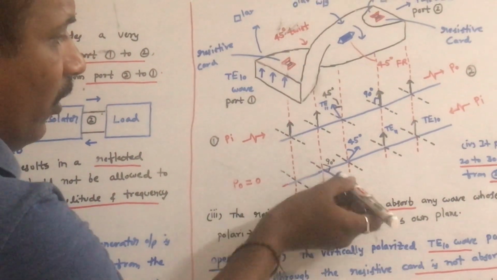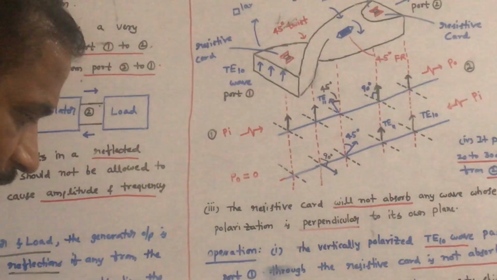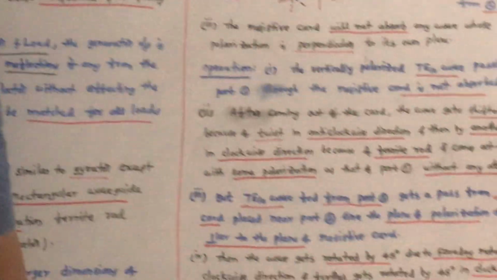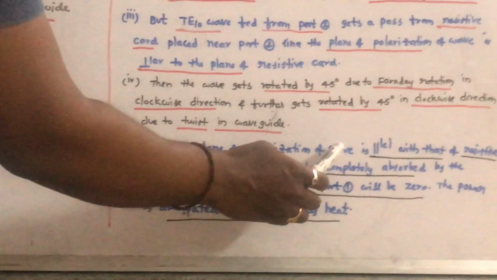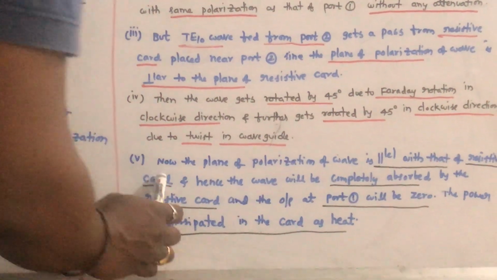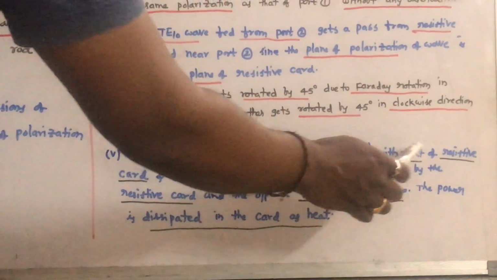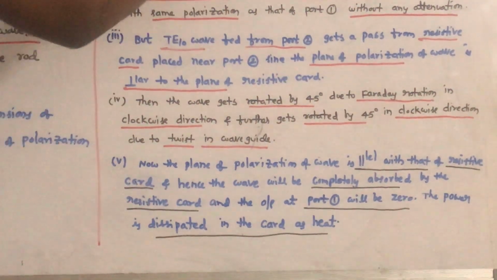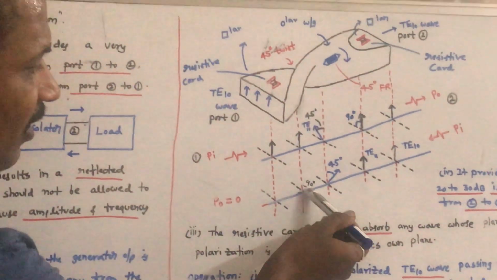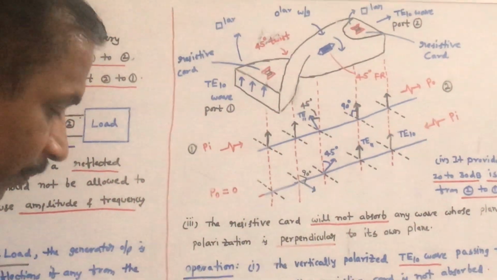So therefore the plane of polarization of the wave will become like this. Now you can see that the plane of polarization of the wave is parallel with that of the resistive card. This point is very important. The plane of polarization of the wave is parallel with that of the resistive card. You can check that it is parallel to this resistive card.